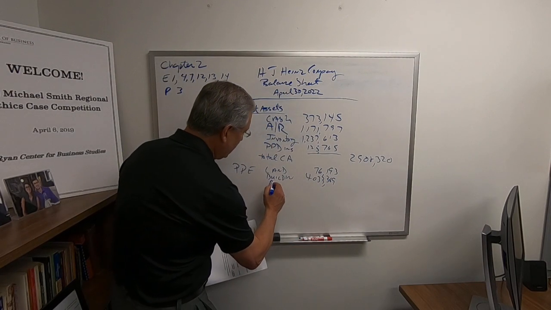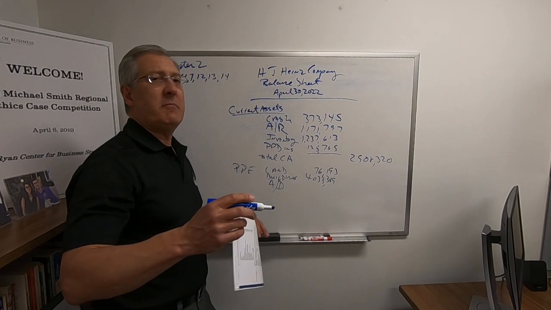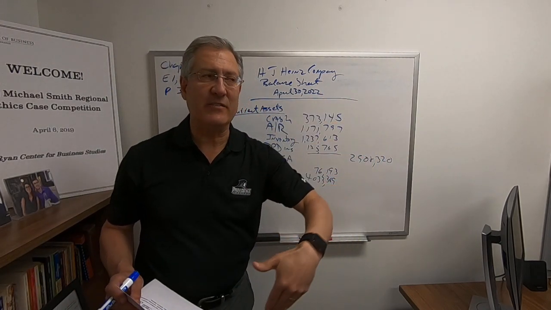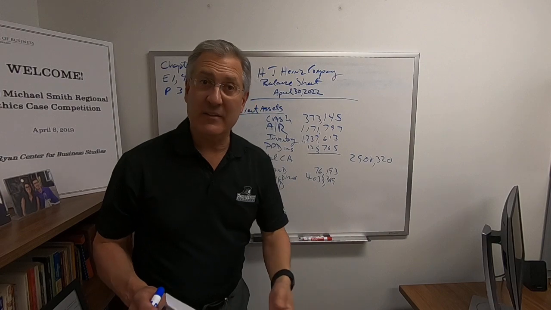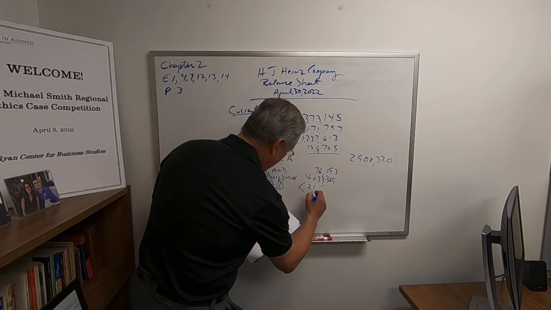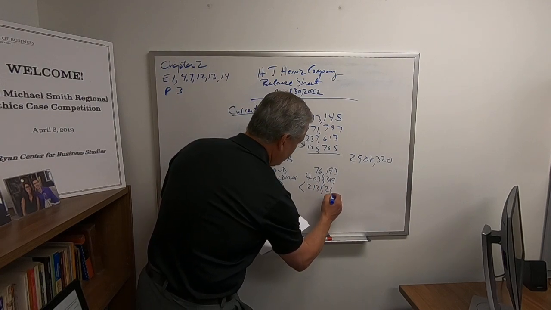We have accumulated depreciation, A/D, and we're going to learn later on that accumulated depreciation is a contra asset. It is a negative asset, if you will. It has a normal credit balance. So we're going to put this number in brackets, 2,131,260.